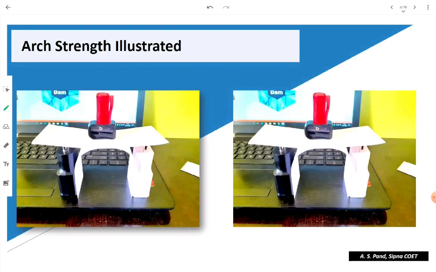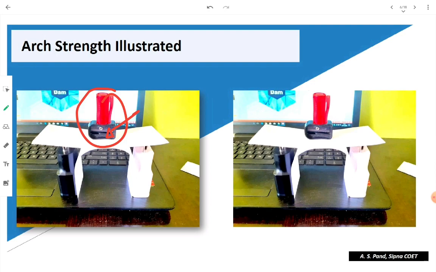In this example we have also increased the load, but the sagging is still very little compared to before, when the arch was not provided. This is the strength of the arch, the arching action we are talking about, and the full benefit of this arching action is taken while designing the arch dam.